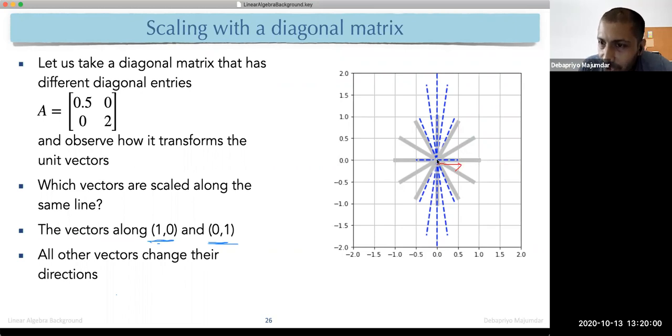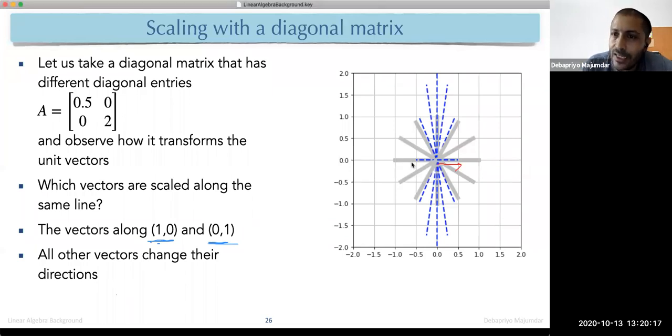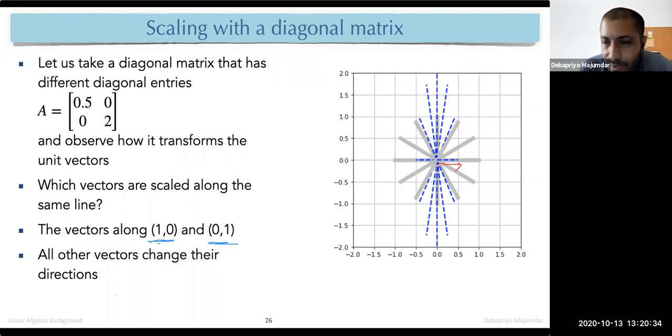If the original vector was length 2, it would have been scaled by half and the length would be 1 now, right? So the normalized eigenvector is the vector 1, 0, and the eigenvalue is half, because this eigenvector, by multiplication with this matrix, retains its direction, but the magnitude becomes half. It is scaled by half.